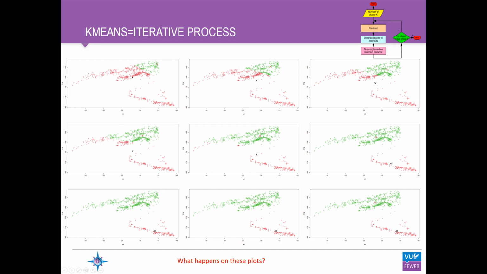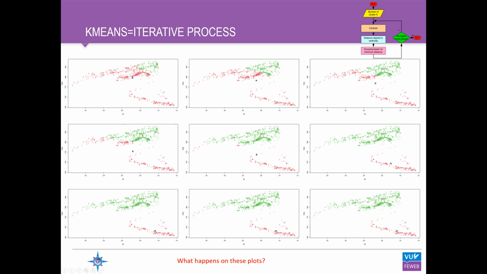It starts to calculate how much variance there is within this cluster and how much variance there is within this cluster. Then it moves the mean a little bit towards another spot where the variance within the cluster is reduced. And so you also see that more points are now assigned to this cluster, because by assigning these points to this cluster, you reduce the within sum squared in this cluster to such an extent that it becomes better overall.